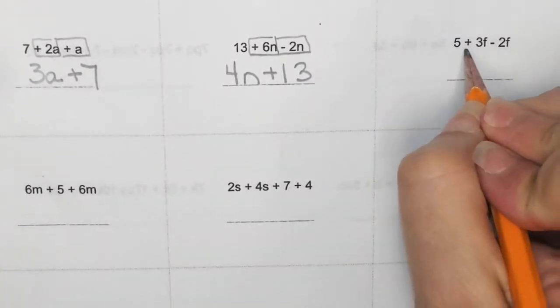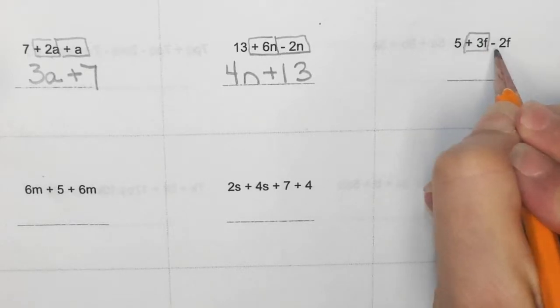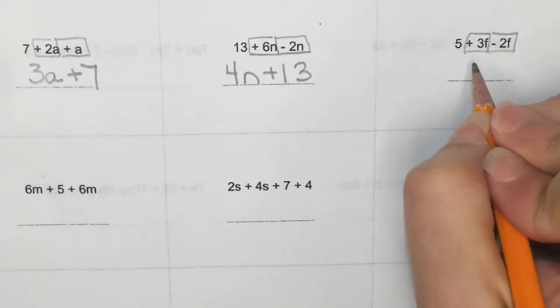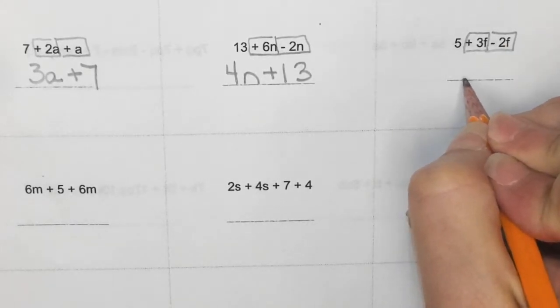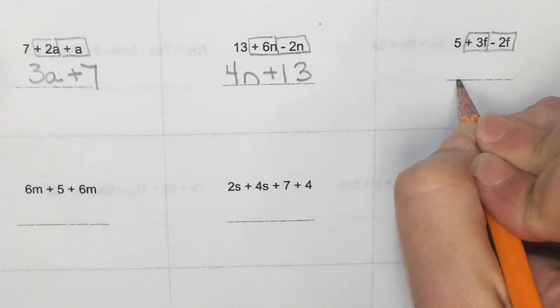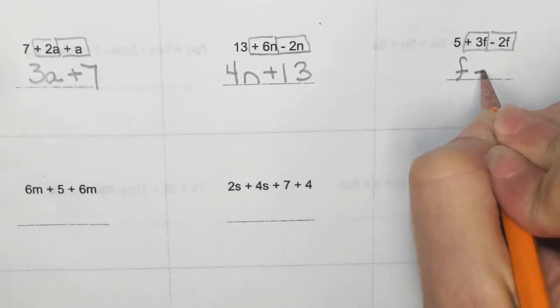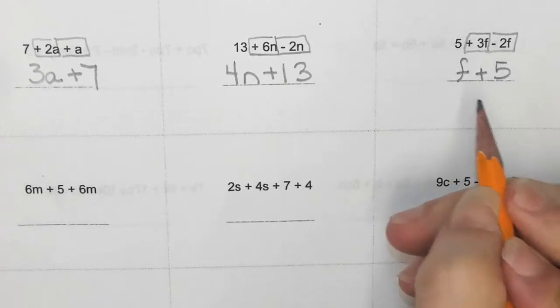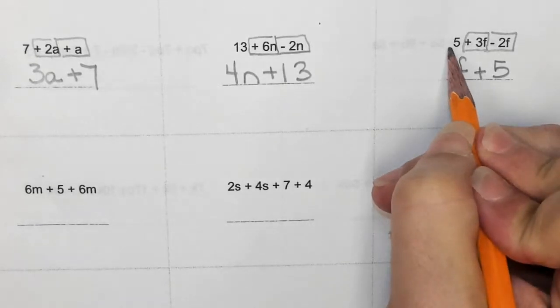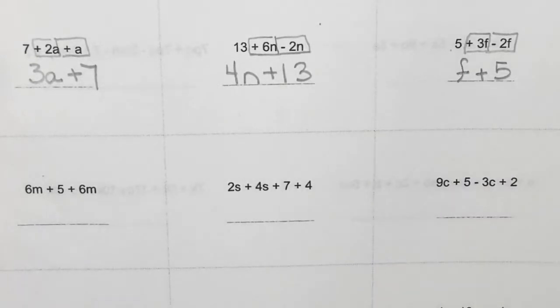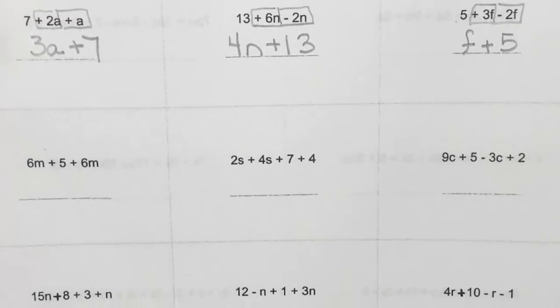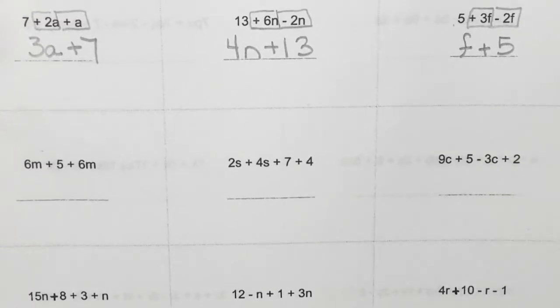We've got 3f, this is like a positive 3f, minus 2f is 1f. We have talked about taking the 1 away. It should just be an f plus 5. Plus 5 because this is a positive 5. You drop the 1.